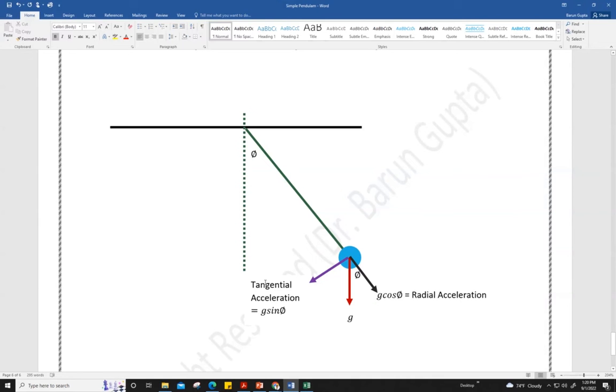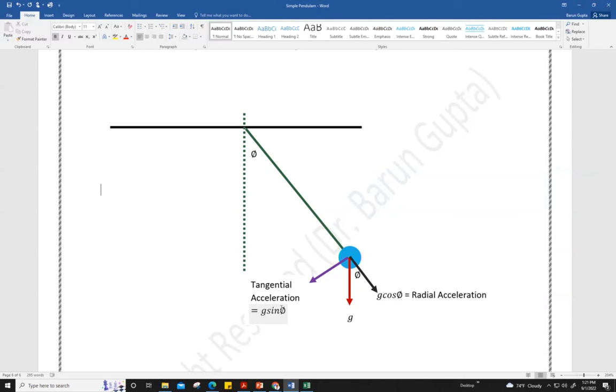So the tangential acceleration is changing from position to position. Now when this pendulum is at the highest point, the phi is maximum. When the phi is maximum, you will have the maximum tangential acceleration. So the tangential acceleration and in fact the radial acceleration both change.